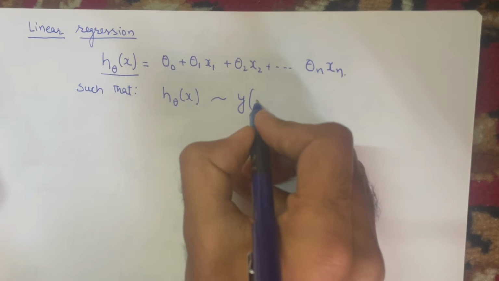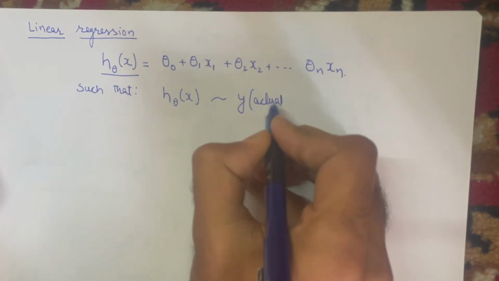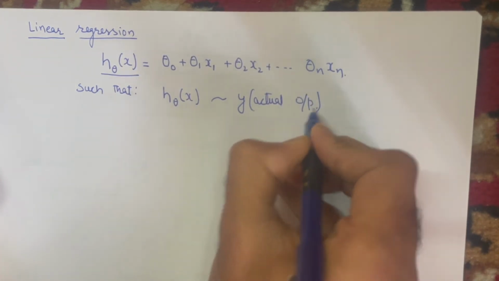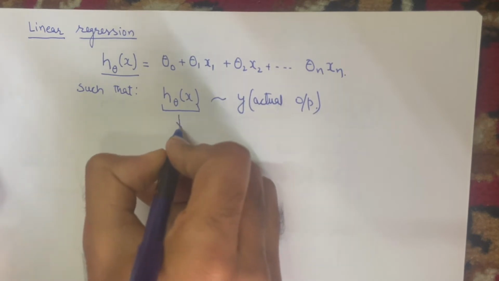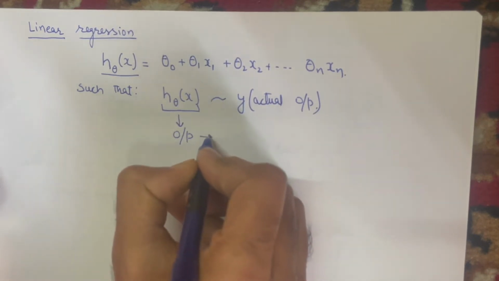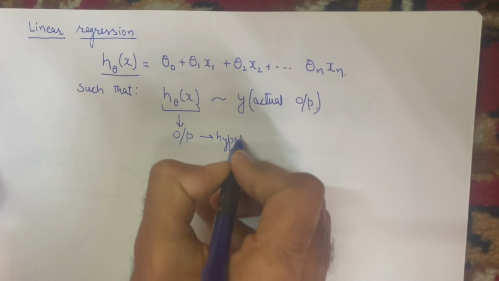This is actual output, and this is the output given by a hypothesis function.